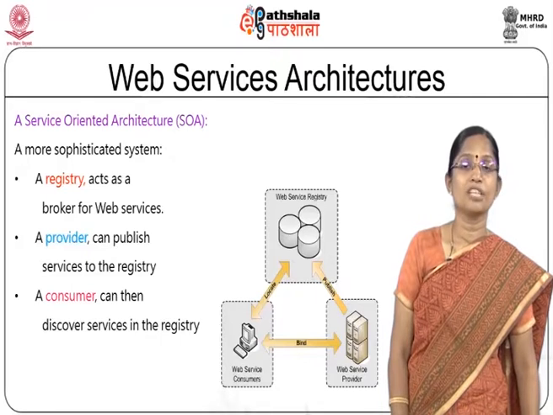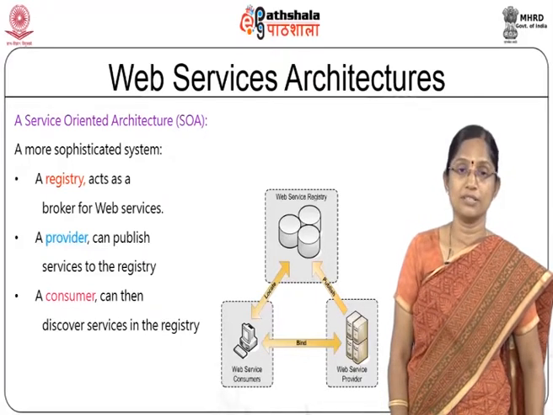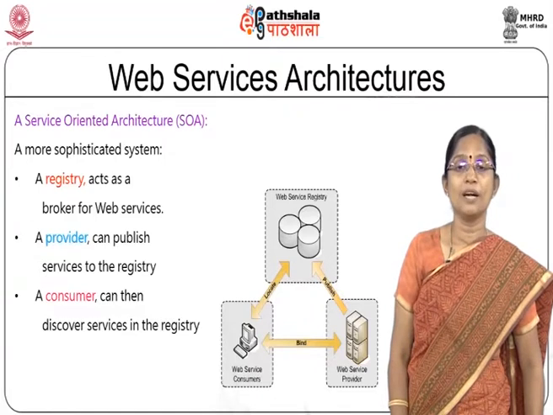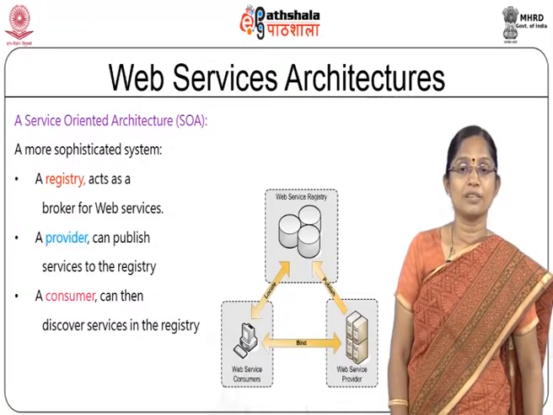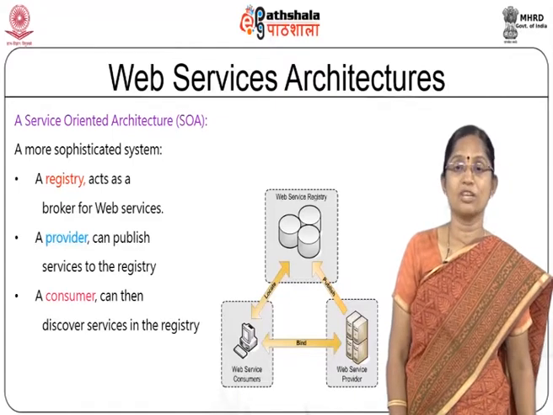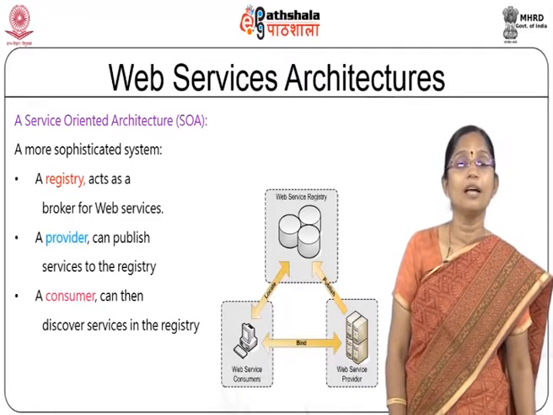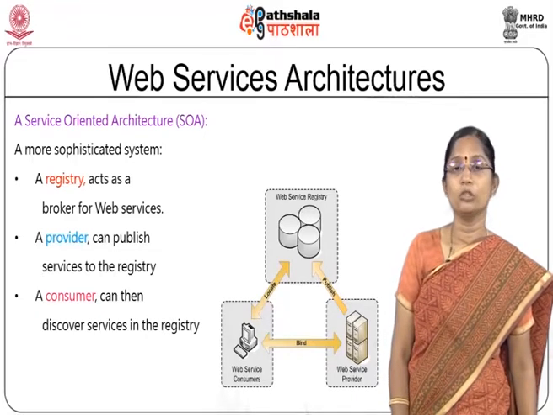Only with the help of these brokers can the consumers identify where the service is located. A provider is like a server that wants to publish services. After having a service, it publishes in the UDDI saying that these are the set of services available with it. So it publishes all of its available services to the registry.